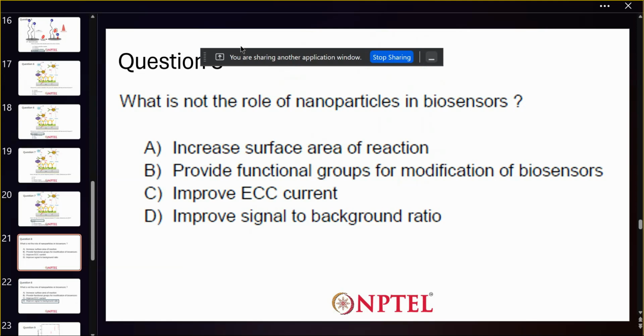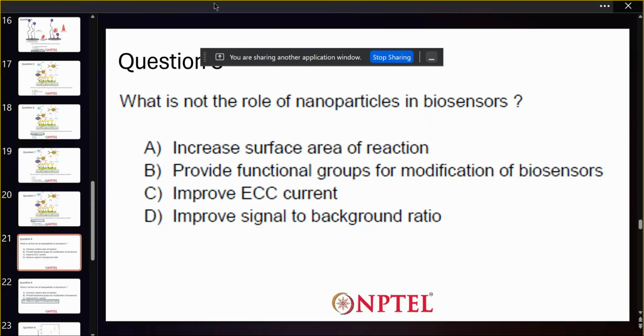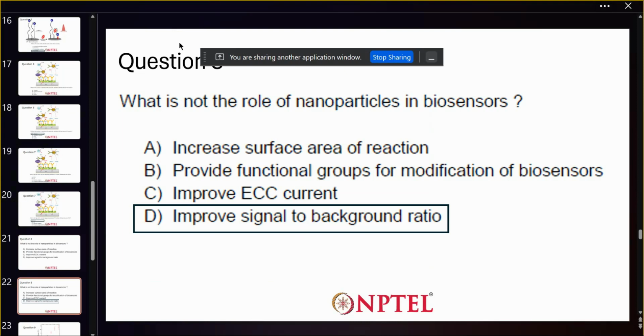Only if your nanoparticle is acting as a labeling body taking part in a redox reaction will it increase the signal to background ratio, because that will improve the electron transfer rate. So from this you know what the answer will be. The answer is option D, improve the signal to background ratio.